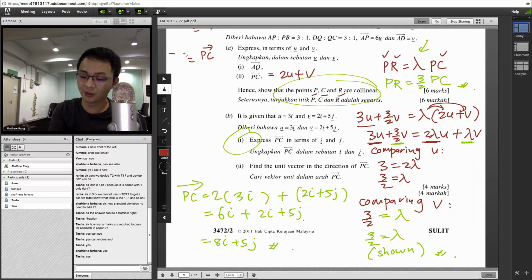In order to do the unit vector of PC, it's just the vector of PC divided by the magnitude of PC.